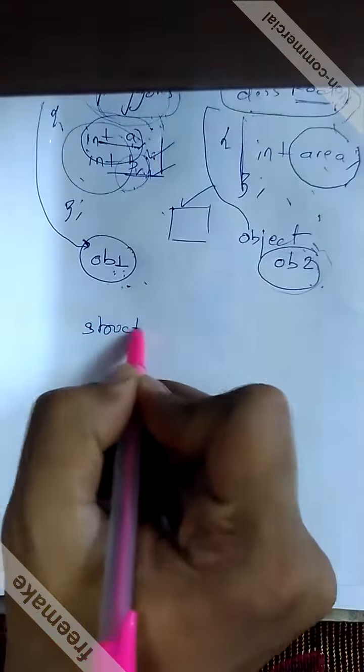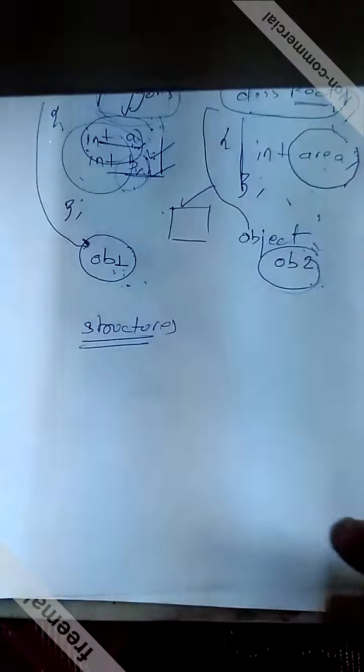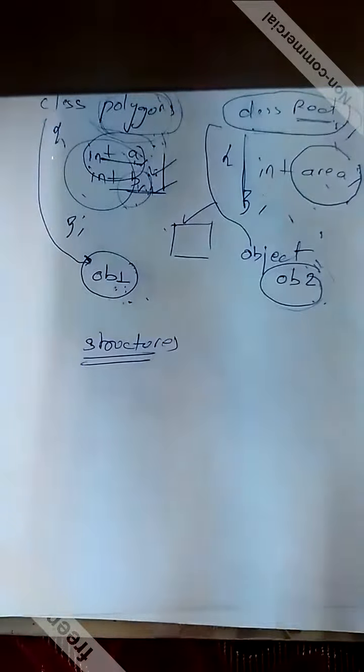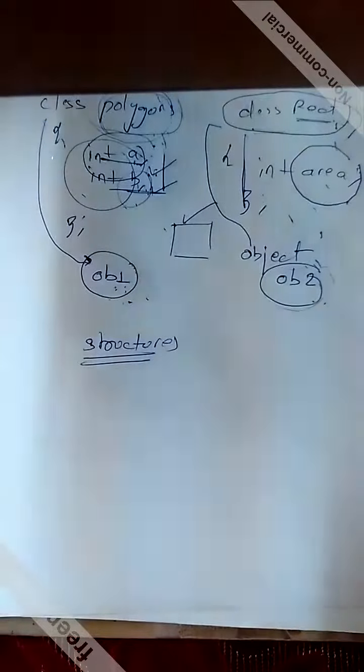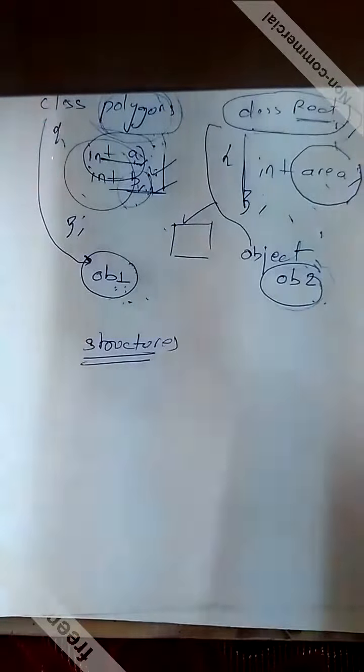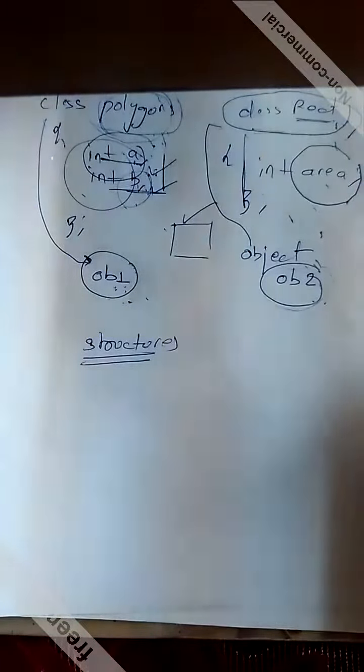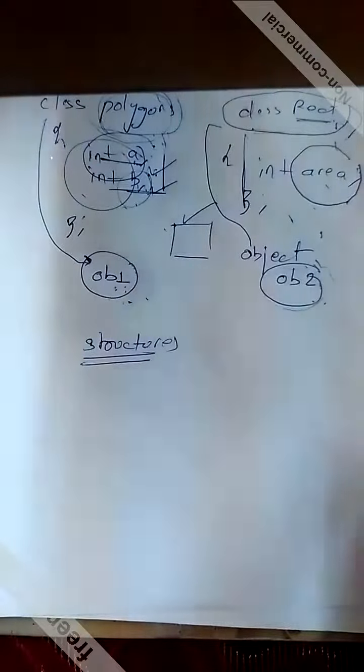Now we have structures. C language also has structures, and it's the highest implementation of togetherness of data in C. Structures are where we can see multiple types of data processing together or occurring together.